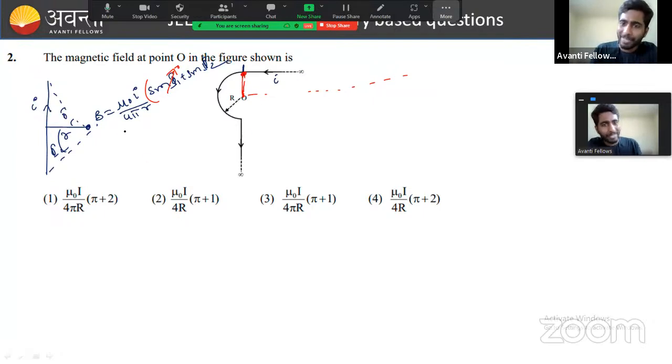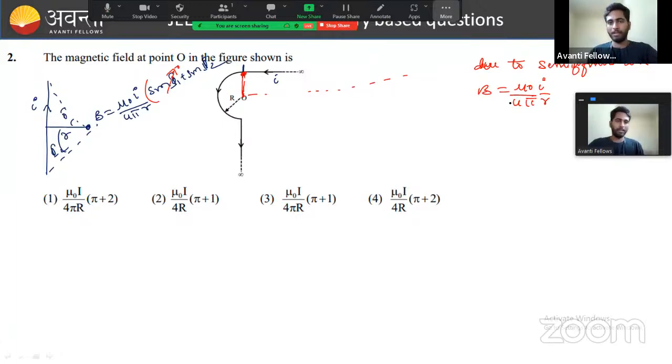Hence, due to the semi-infinite wire, the magnetic field intensity we can write as mu naught I divided by 4 pi r.